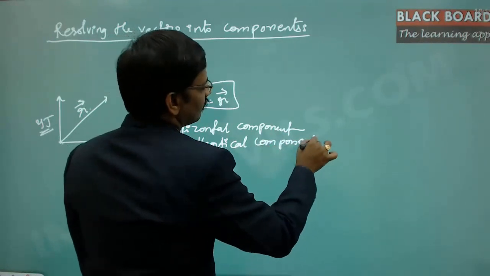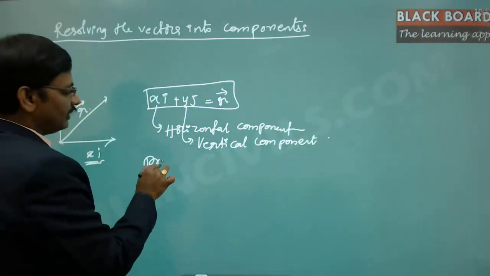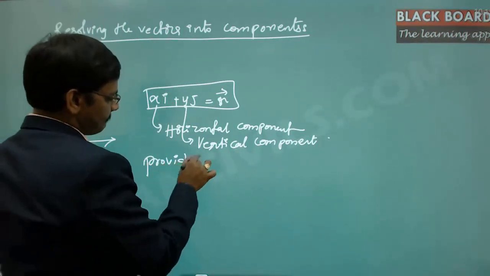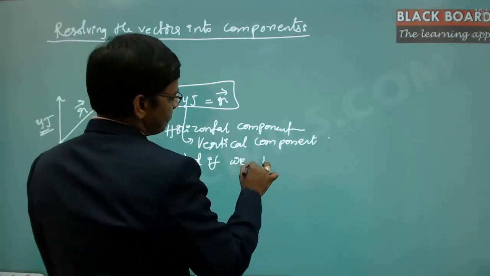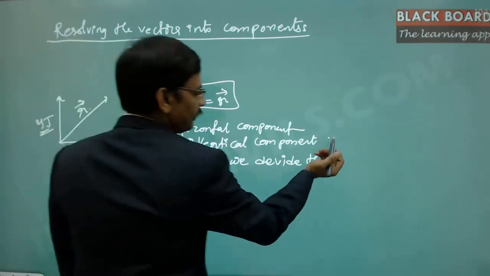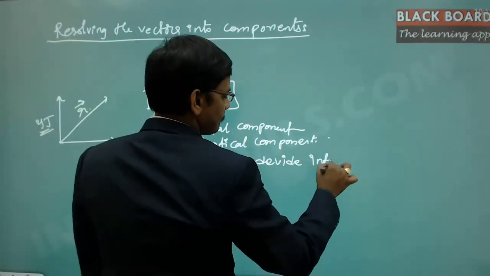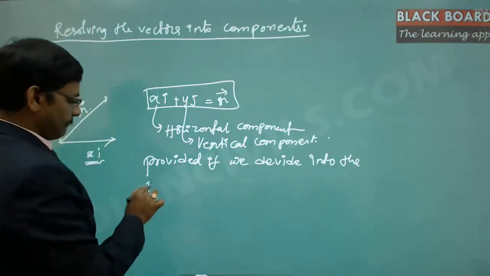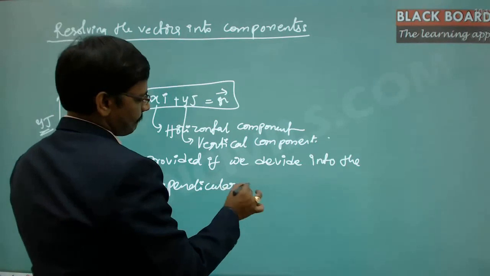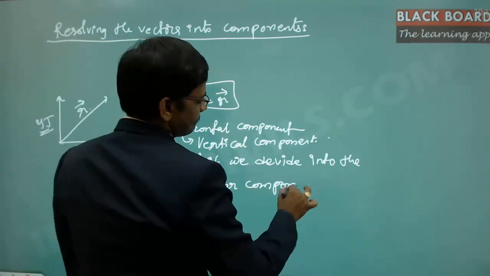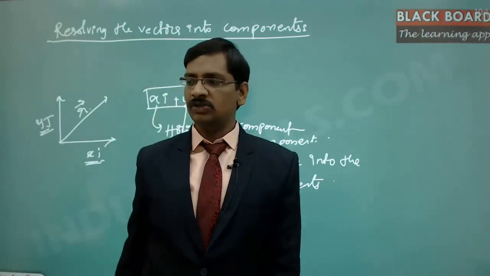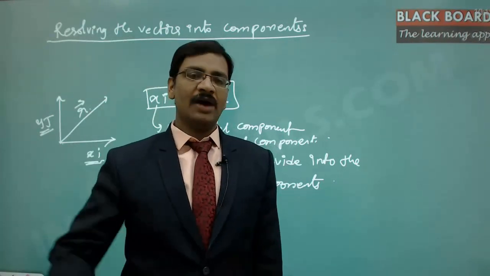Horizontal component and vertical component, provided you divide into the perpendicular components. Here you may divide in terms of the perpendicular components, or you may not divide into the perpendicular components. You can have a certain angle also.